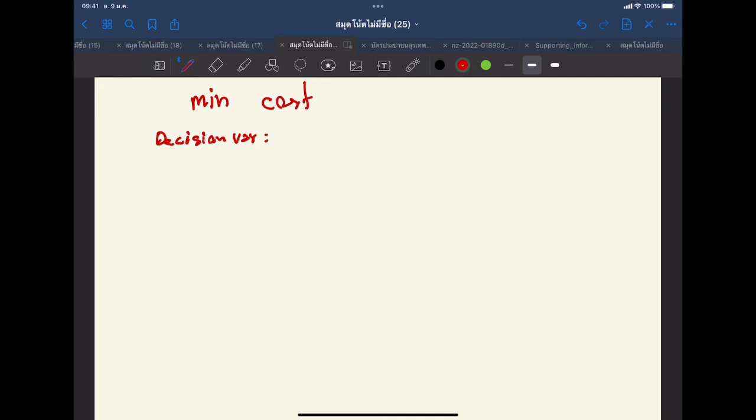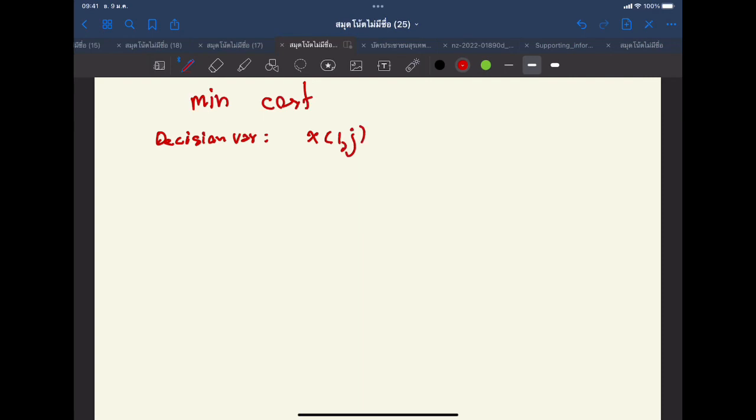So we decide to use x to represent the decision variable, and we use ij, xij. This is good.